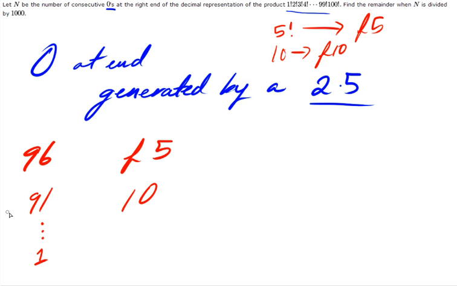The sum of this arithmetic series is straightforward: 1 plus 6 plus 91 plus 96. I'll leave this to you, but you can verify that this evaluates to 970.